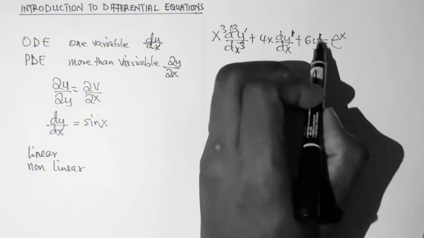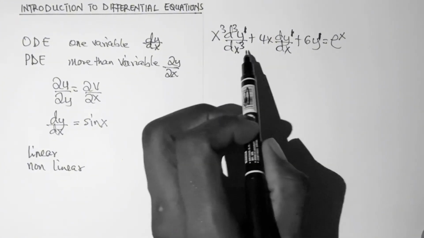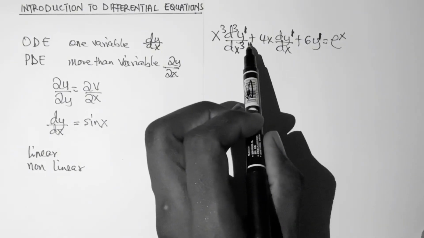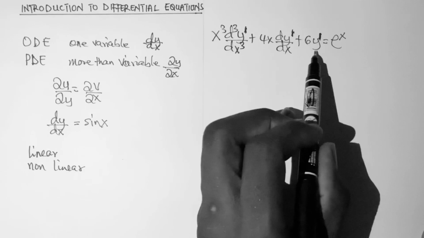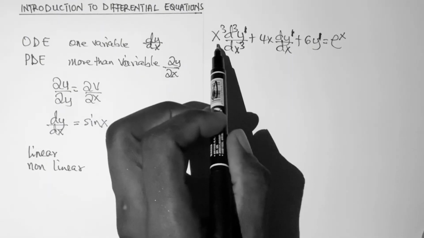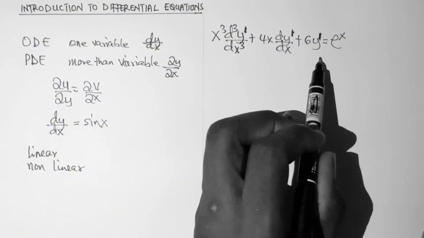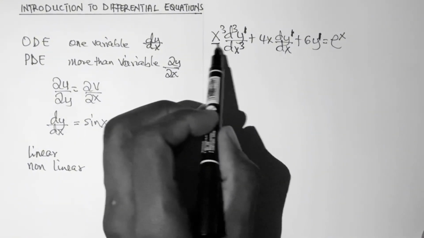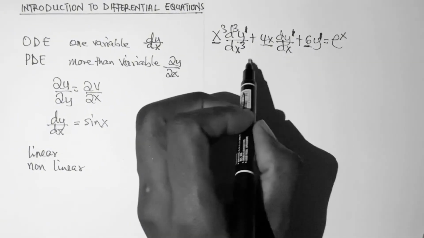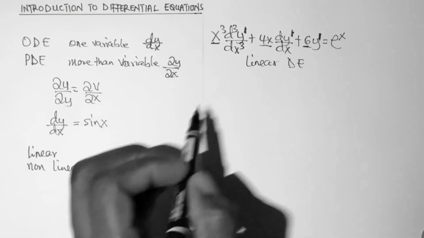Sorry, I mean exponent 1, not prime. So it satisfies the first condition that the dependent variable and all its derivatives must be of the first degree. The second part is that all the coefficients must depend on the independent variable. You see that here is x cubed, here is 4x, and here is 6. And therefore, this is a linear differential equation.